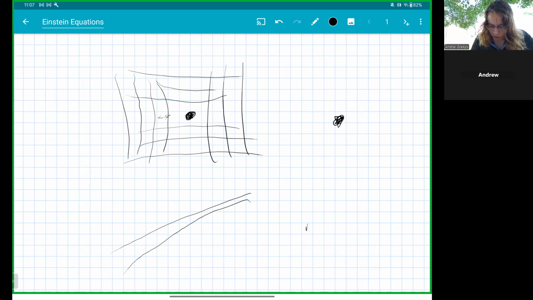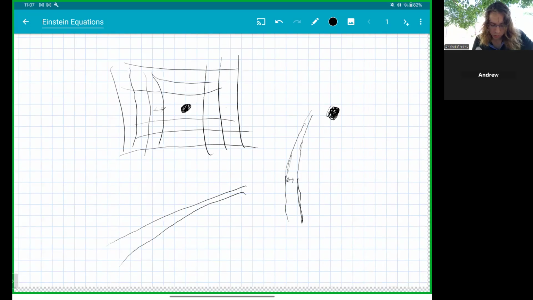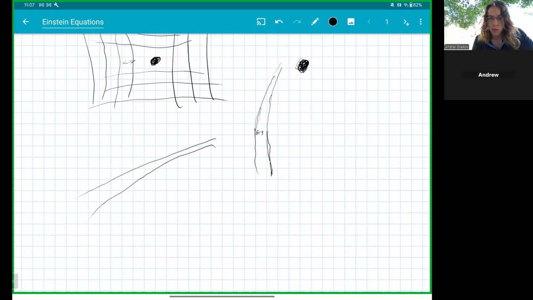So if you had two geodesics parallel to each other here, very far away in flat space, next to the massive body, this starts to converge like this. And this convergence is what's measured by the Riemann tensor. But today I'll try to write it down more precisely.